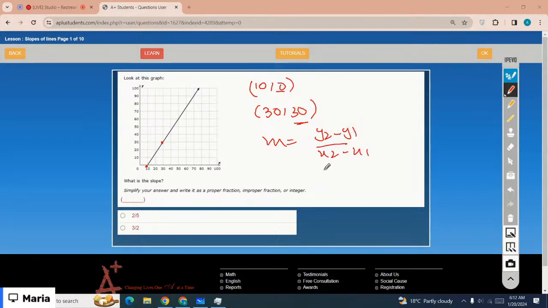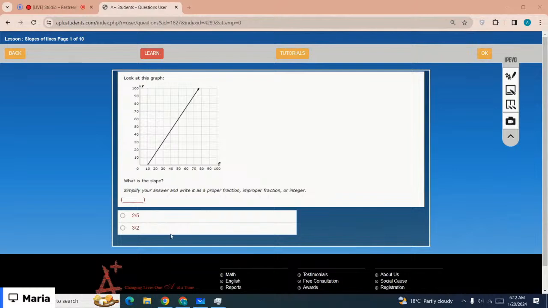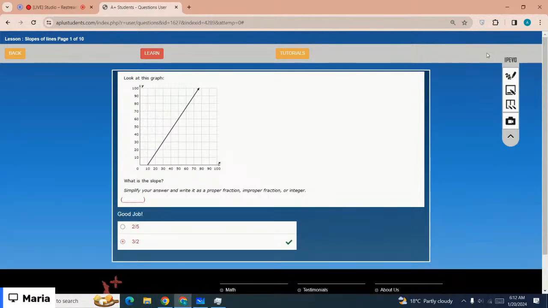So 30 minus 0 divided by 30 minus 10. 30 minus 0 is 30 and 30 minus 10 is 20. That is 3 divided by 2, the slope. This is one way to find it, right? The correct option is 3 over 2.